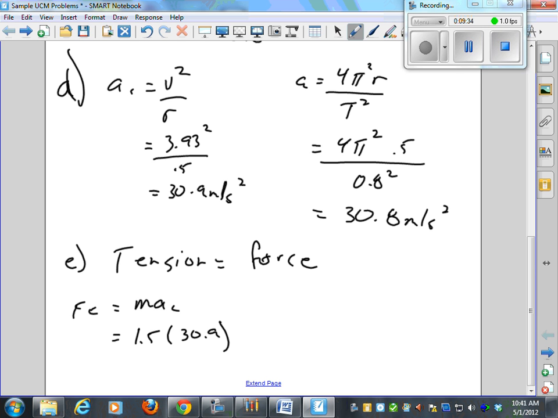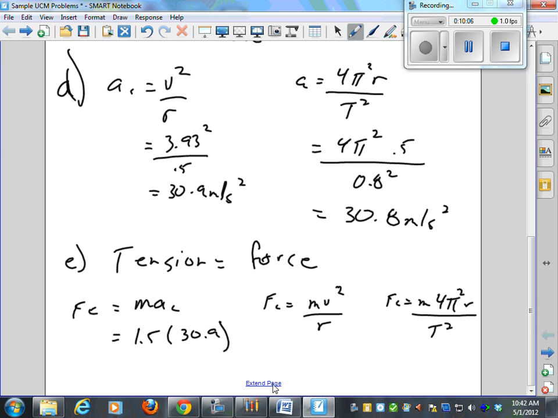If I haven't asked you for a already, well then of course you could use Fc is mv squared over r, from yesterday, right? Remember, mv squared over r is just v squared over r with an m in front, because F equals ma. Or of course, there's the other one, m 4 pi squared r all over T squared. Any three of those are going to give you your correct answer.